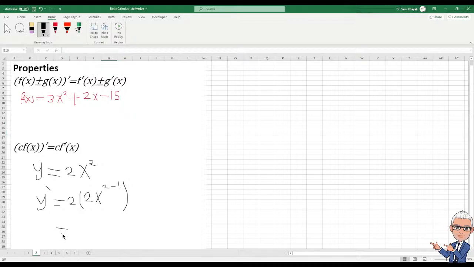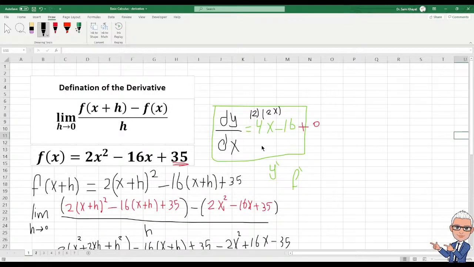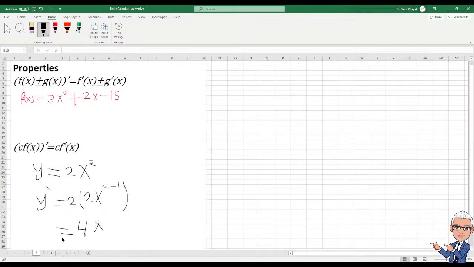The answer will be 2 times 2, which is 4, times x power 1. You can see it here. And the same with 16x, the 16 times 1.